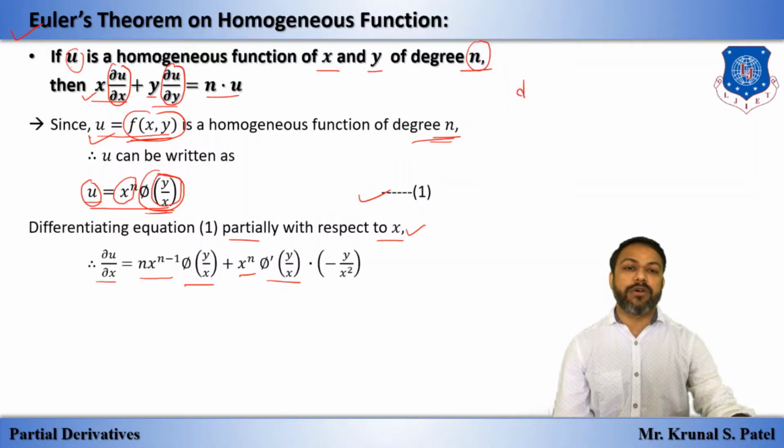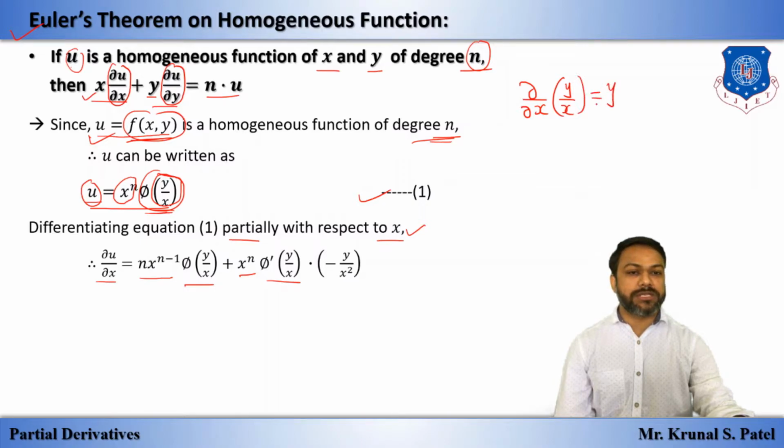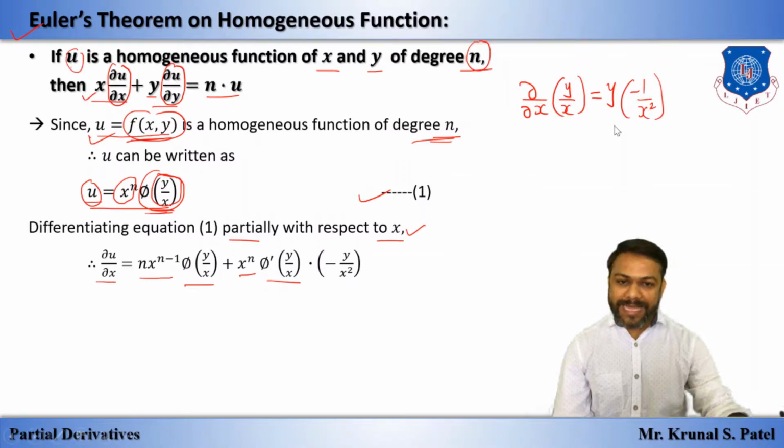Now differentiation of y by x partially with respect to x, so y constant. So we have 1 by x, and differentiation of 1 by x is minus 1 by x square. So we have minus y by x square.